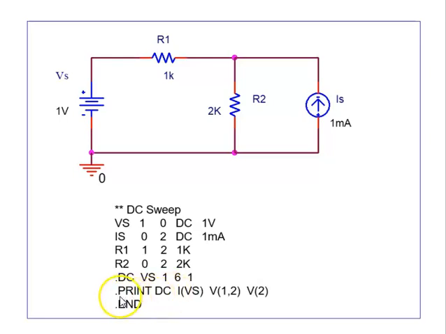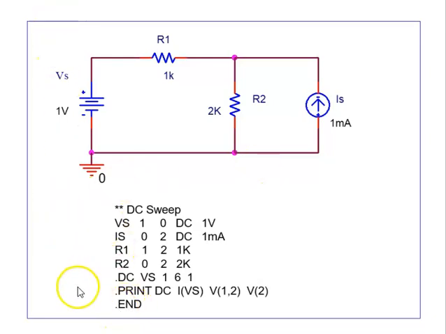Then the output will be printed. What are the outputs? We need to print the current I through the voltage source VS, then the voltage between node 1 and 2, then the voltage at node 2. Then we will end the program using the command .end.